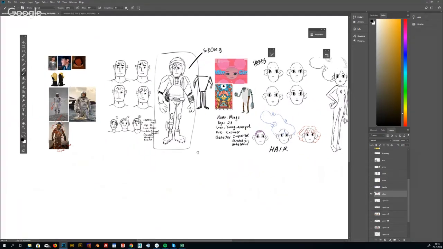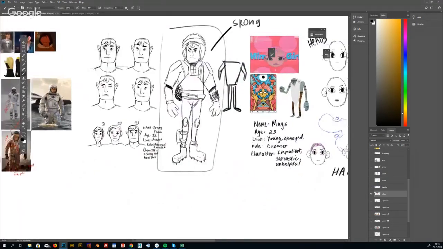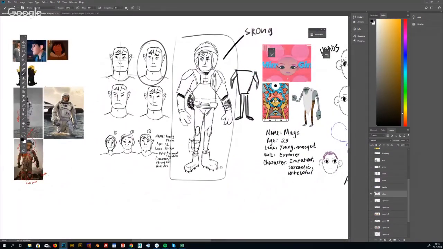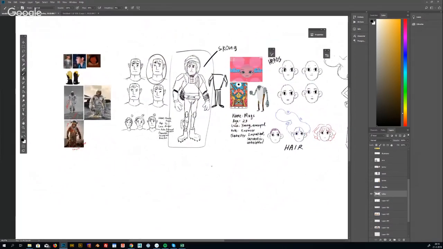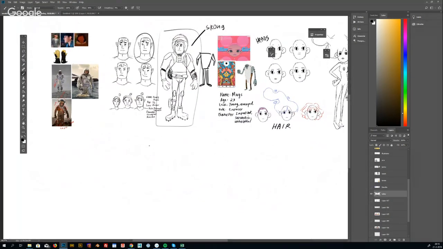But maybe this expression could be a bit more anxious. So if you would make a pose for a portfolio, maybe we can make something more like this, that he's looking at his back, like this.